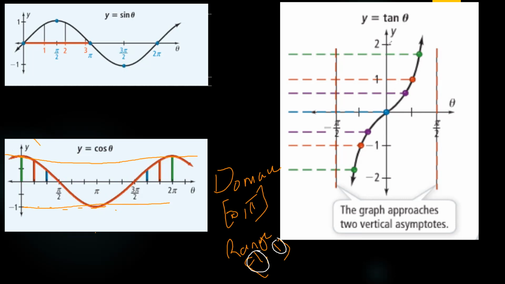So let's now distinguish between the sine and cosine. Here we have 0, pi over 2, pi, 3 pi over 2, and 2 pi. Now, let's draw the sine. The sine of 0 is 0.